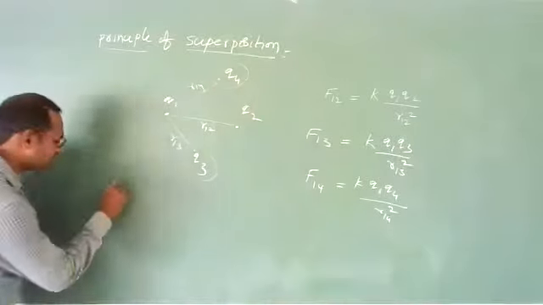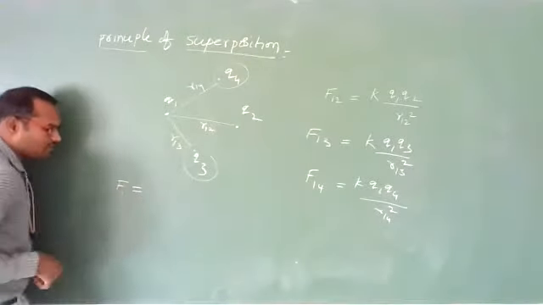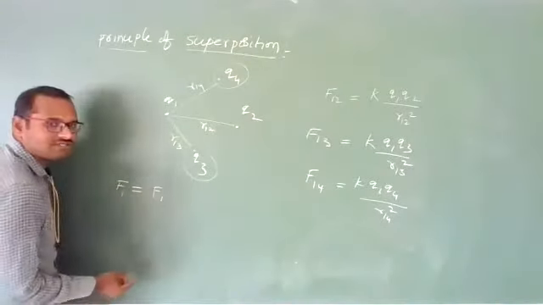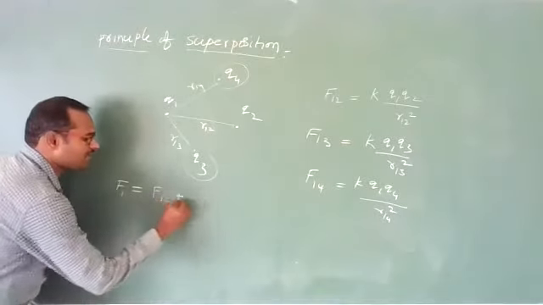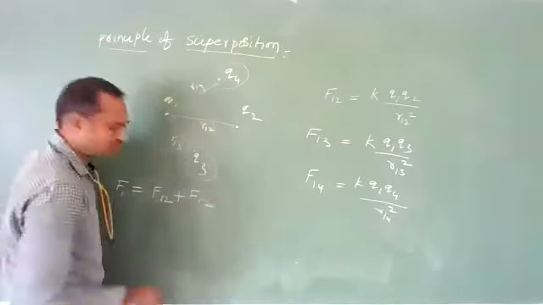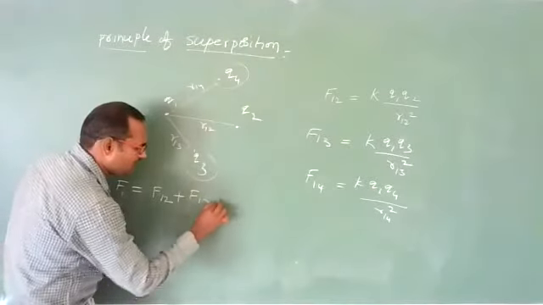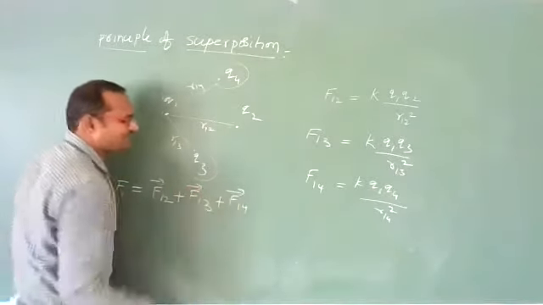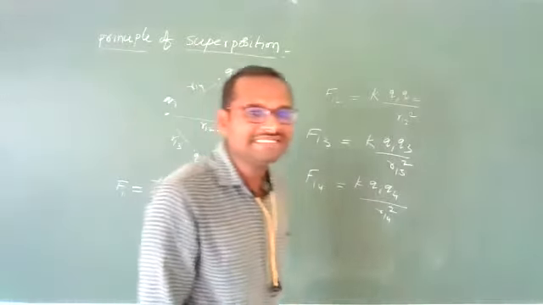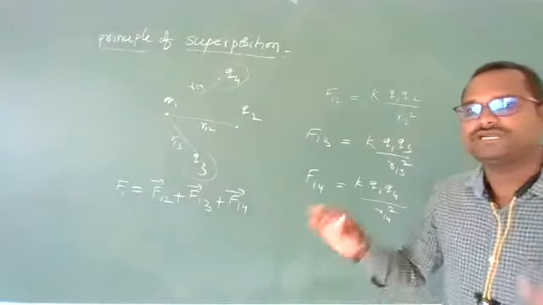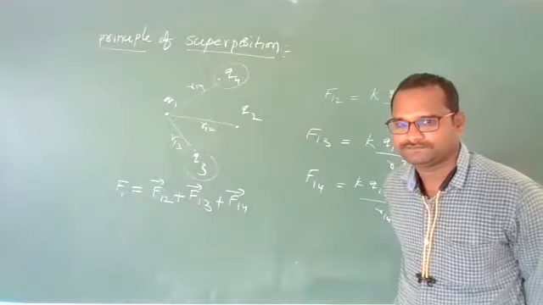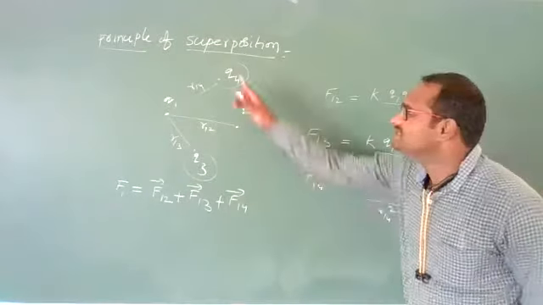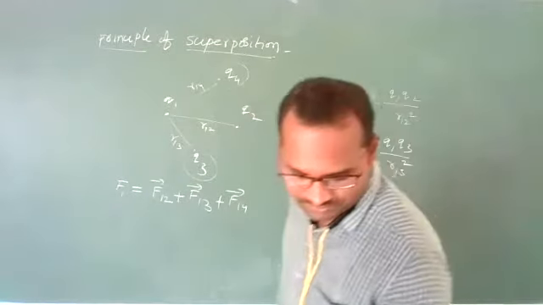So total force on first charge is force due to second charge plus force due to third charge plus force due to fourth charge, as a vector summation. Like this, we can get the net force on one charge. This is called the principle of superposition.